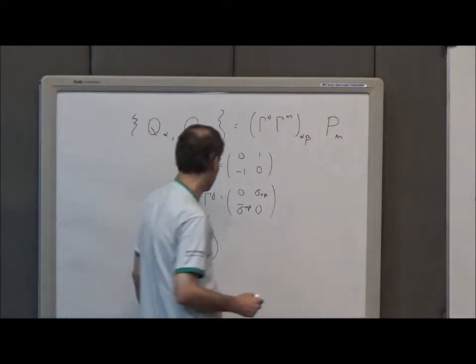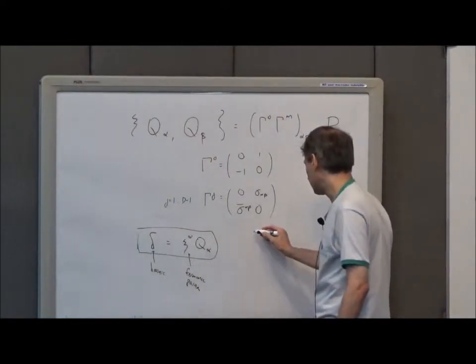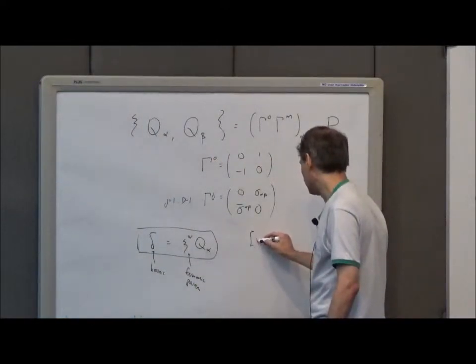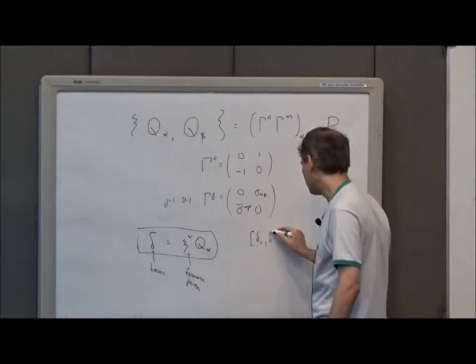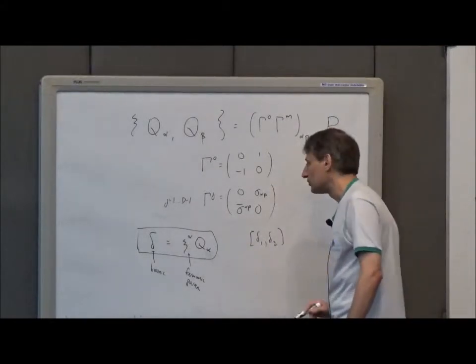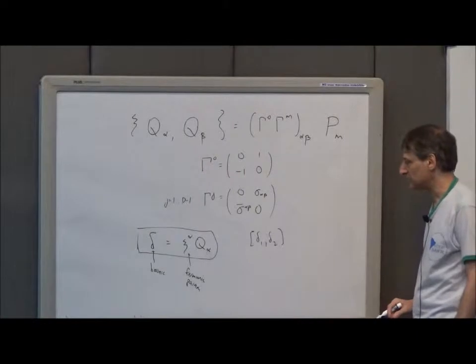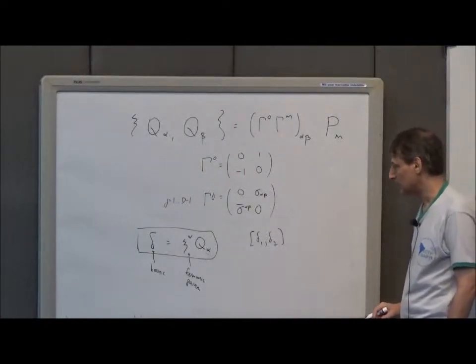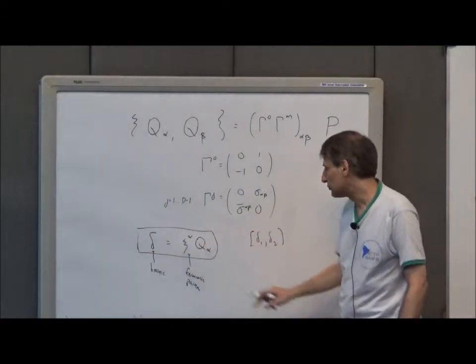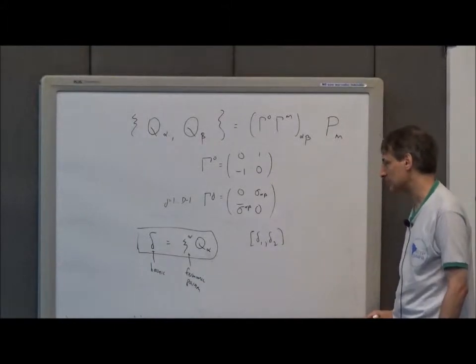So what you can show is that delta 1, delta 2, if I commute 2 supersymmetry transformations, I will obviously get something proportional to C1 and C2.